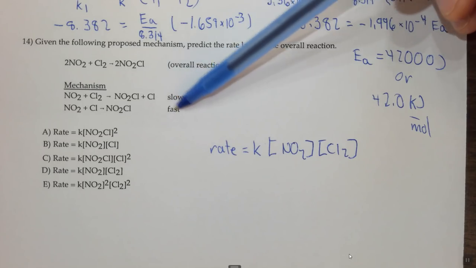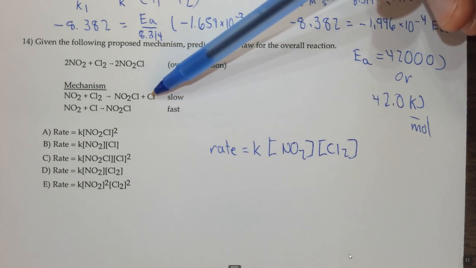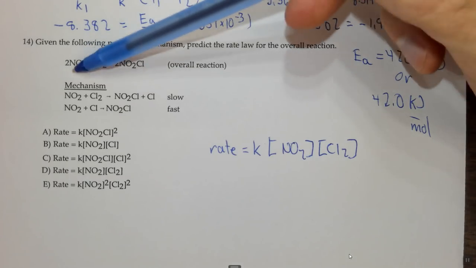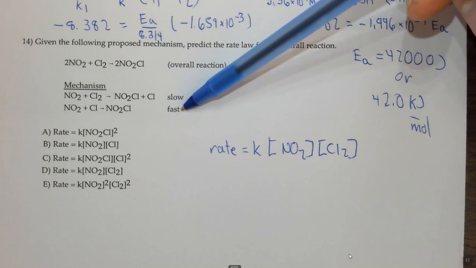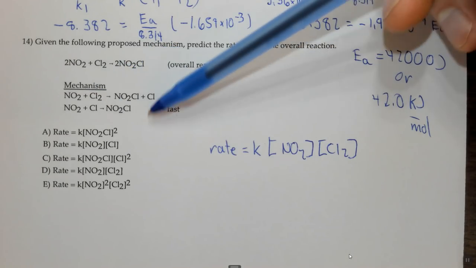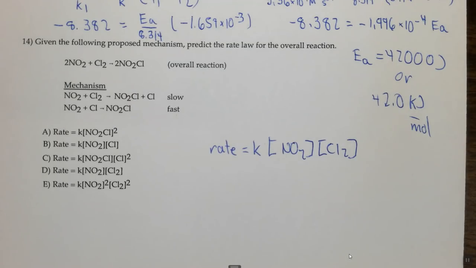So we want to use it for the slow step. Fortunately, since the first step is the slow step and it's containing reactants, we can simply write it this way. This is harder when the second step is the slow step because sometimes it doesn't contain reactants, in which case you have to do a bunch of rearrangement in order to figure that out.